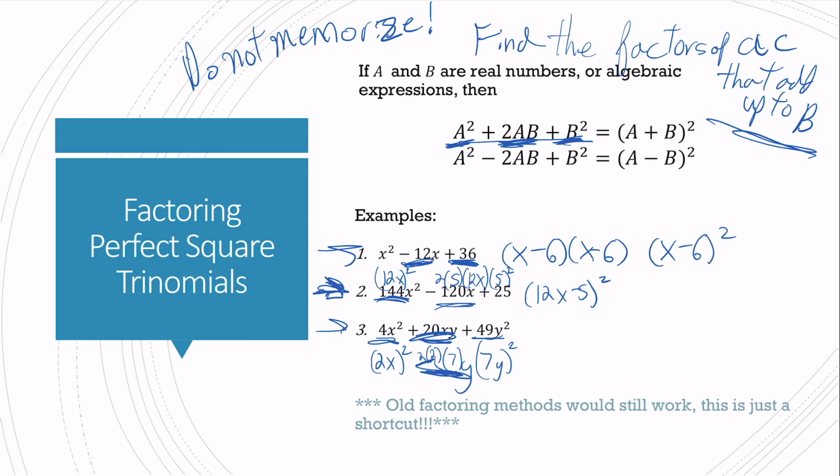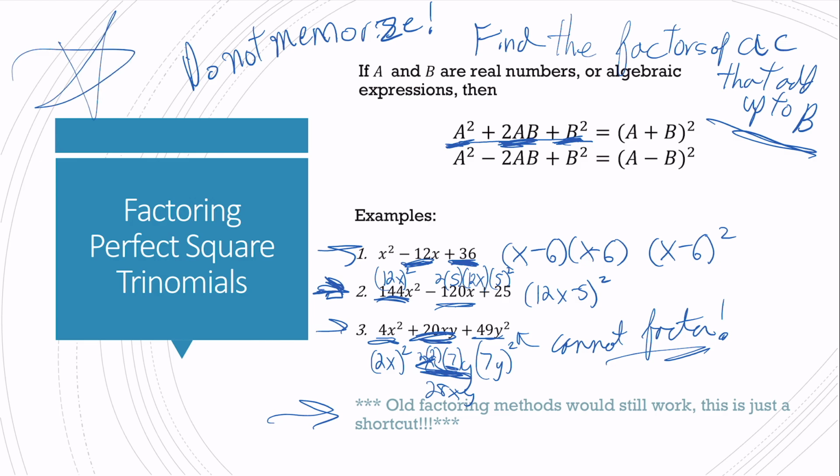Because 2 times 2 times 7 times y, that'd be 28xy. So this one isn't going to factor. Right? These methods still work. Some people call this a shortcut. I don't like it. I don't want to memorize it. I want you to find the factors of AC that add up to B. That's the most important part.